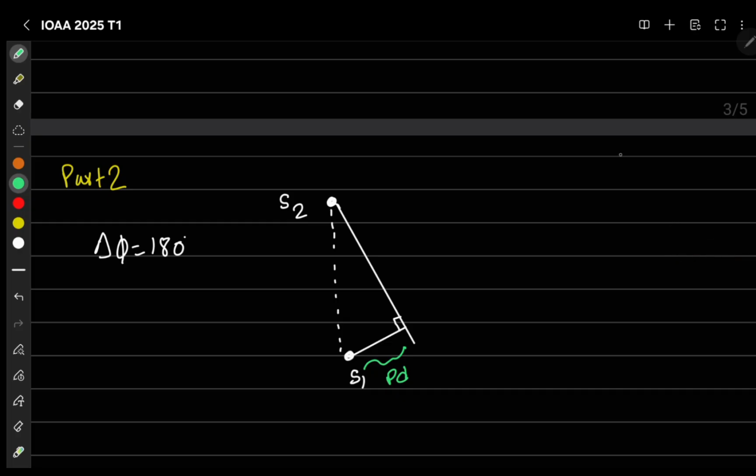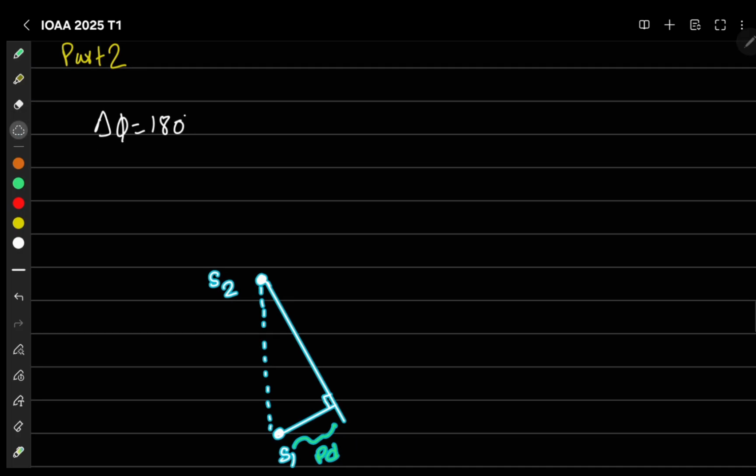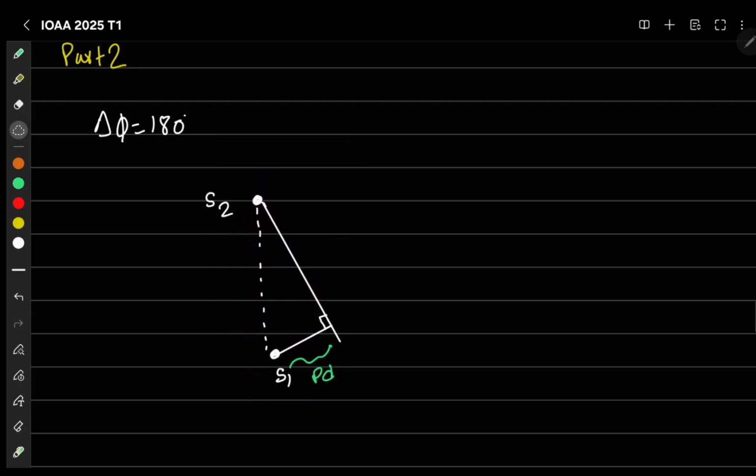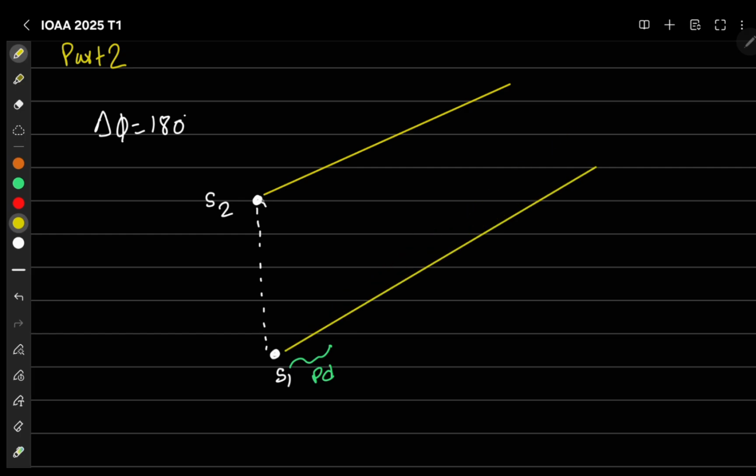So to make it clearer, if this is presented here and a light is coming from this angle, then this would be theta as well.